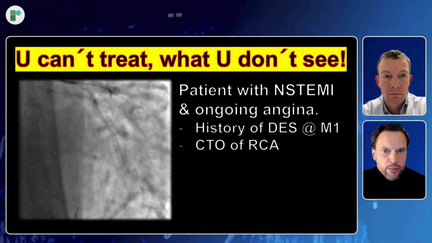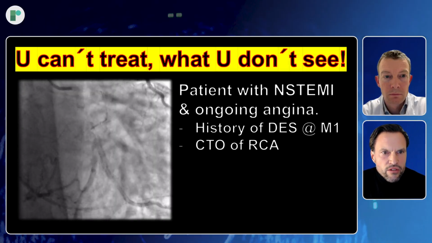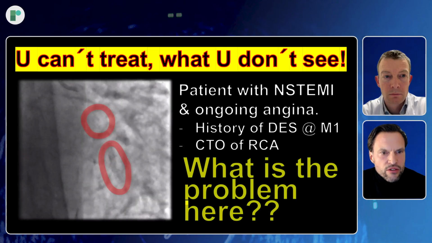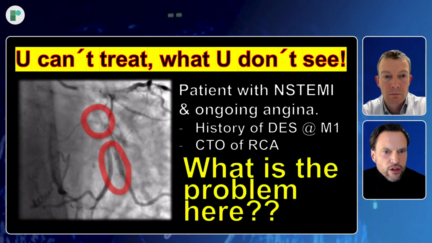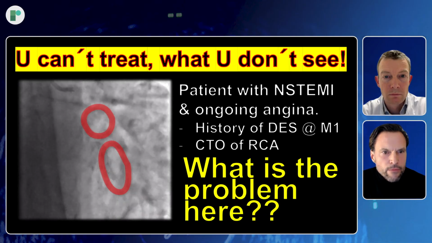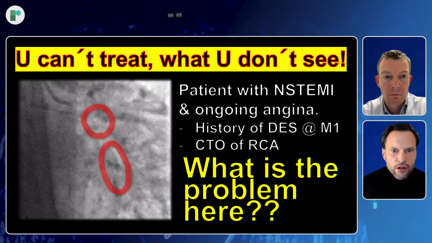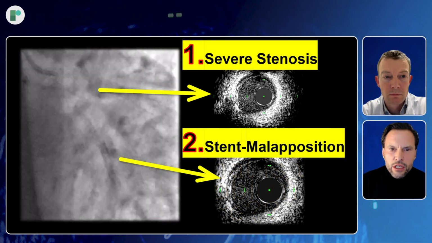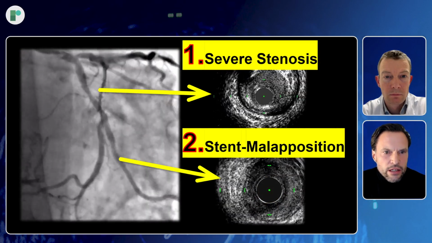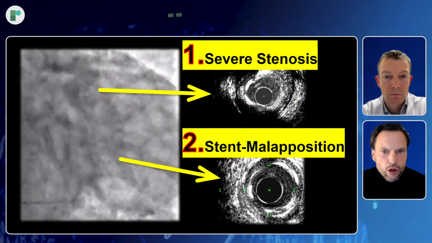And this is another patient presenting with symptoms, and you see these two lesions in the circumflex. Without intravascular imaging, it's not really understandable what's going on there. But by doing intravascular imaging or IRIS, we see that this patient had two problems.